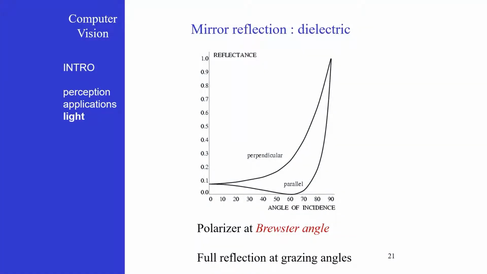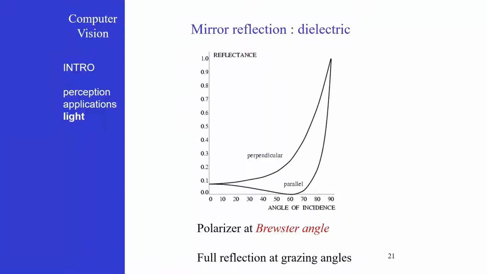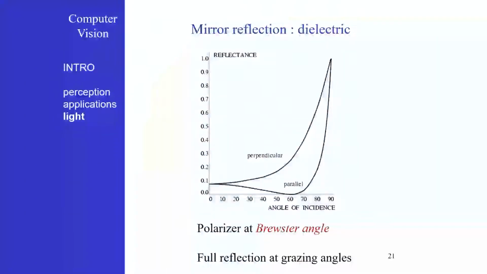Here's what you get if you have a non-electroconductive material, a dielectric. So it's not conductive for electricity, for electric waves. For different angles of incidence, so for these different delta I's, from 0, which would mean we fall in perpendicular to the interface between the two media, to 90 degrees, that would be like a grazing angle.